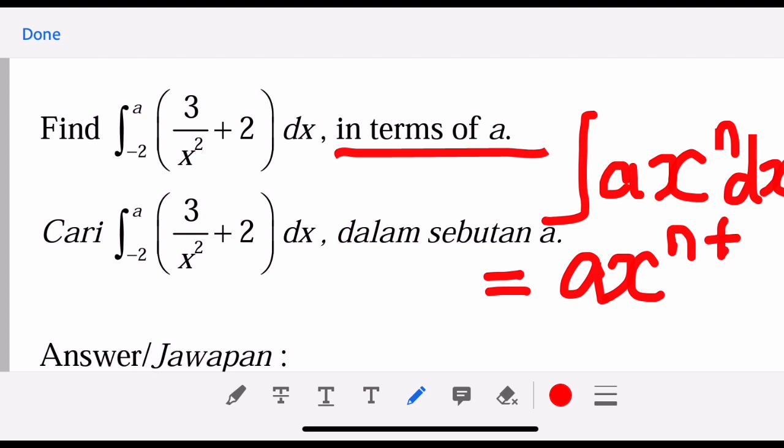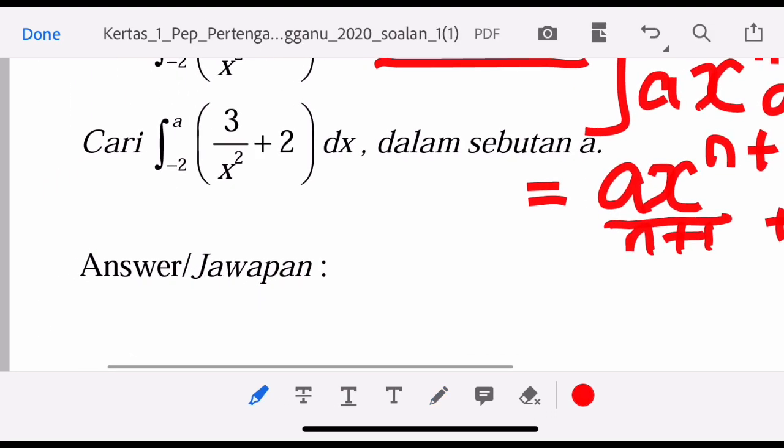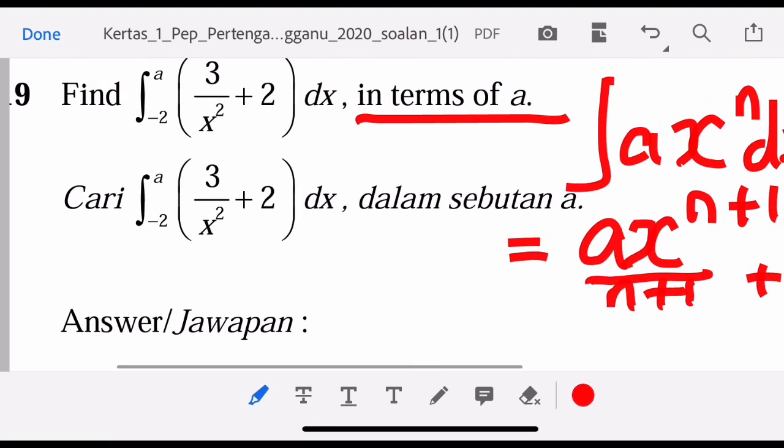Then only you raise up the power, the power raised up by 1, and then you plus a C. Alright? Understand? Remember the C? If not, you have to see me. Okay, so right now I'm going to integrate this one, and the answer must be in terms of A, right?